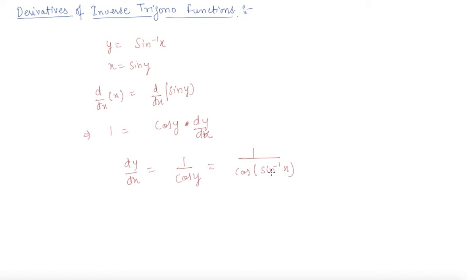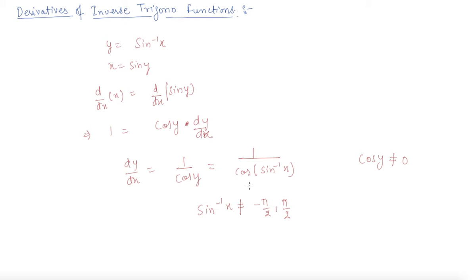Observe that this function is defined only for cos y not equal to 0, because once cos y becomes 0, the derivative becomes undefined. So y is sine inverse x should not be equal to either minus pi by 2 or pi by 2, because at those points cos y becomes 0.